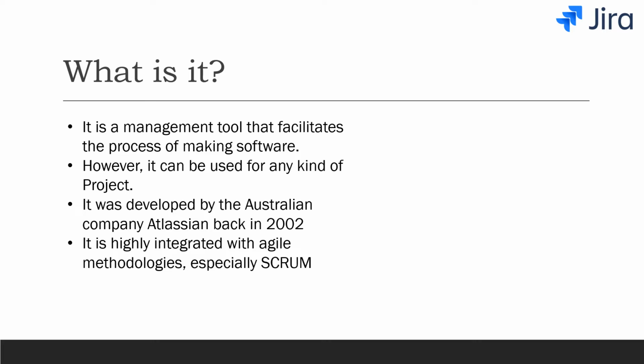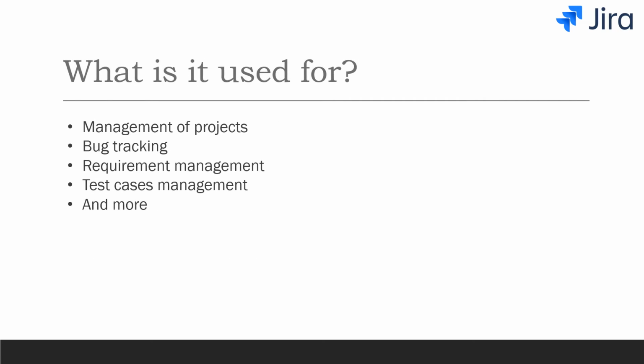One of the main characteristics of this software is that it's integrated with agile methodologies, especially with Scrum. The main use of Jira is the management of software development projects, as I mentioned before.